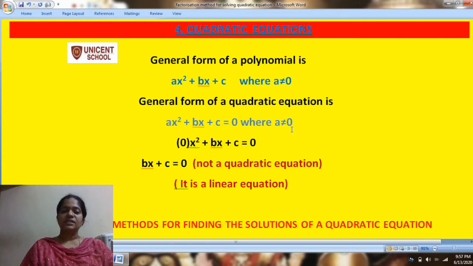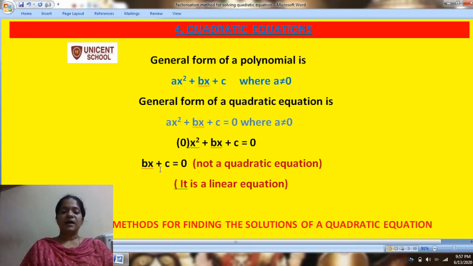What happens if a is equal to 0? Let us test once. Put a as 0, rest all the same. When 0 is multiplied with x square, the whole term becomes 0. So the remaining terms are bx plus c is equal to 0.